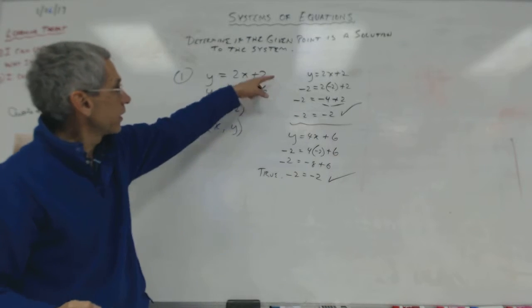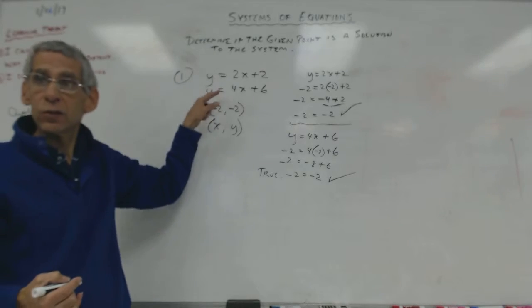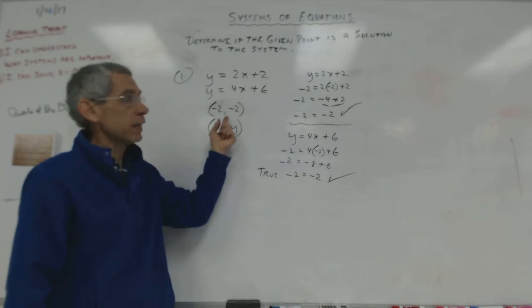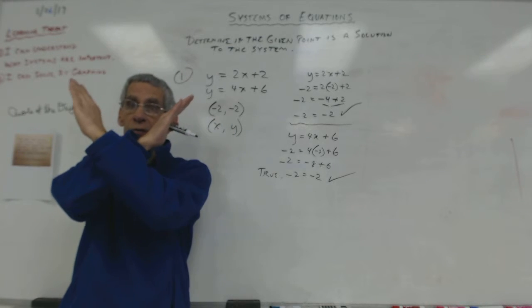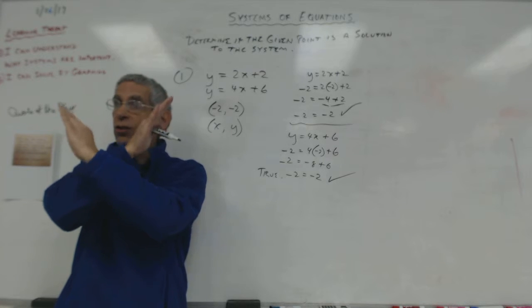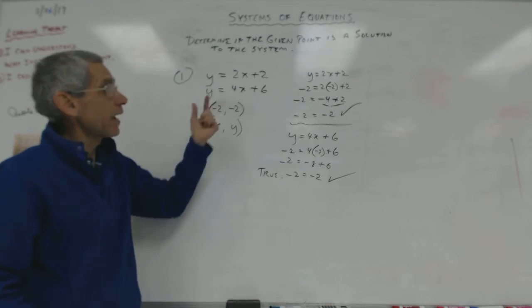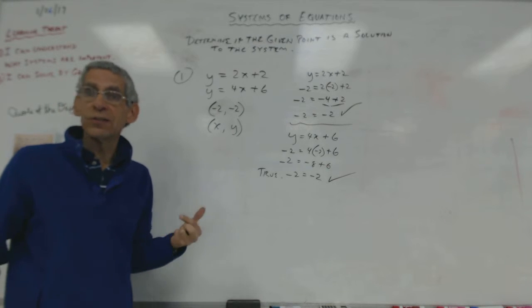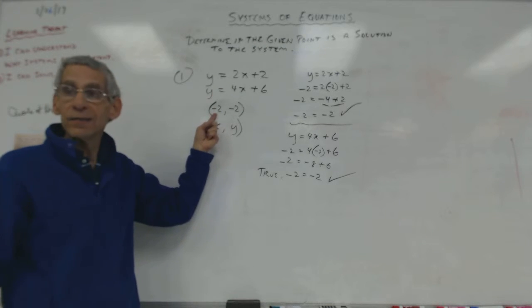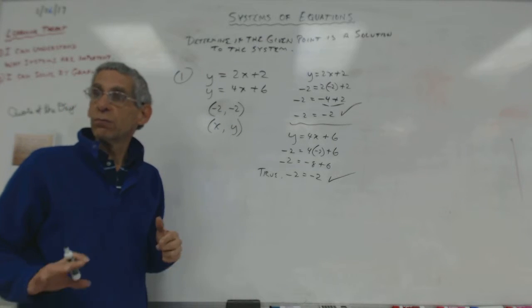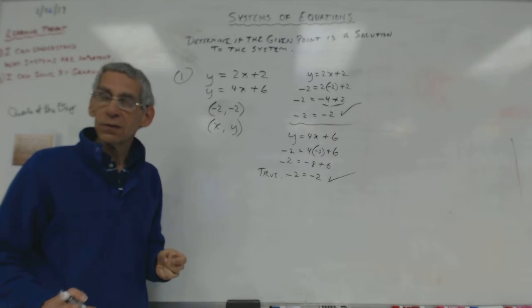It checks for this equation, and it checks for this equation. Therefore, this point is where the two equations cross. It is the solution of the system. And I have now determined that when I say solve the system, I figured out that x is -2 and y is -2. I've proven it. Does that make sense? You get it?